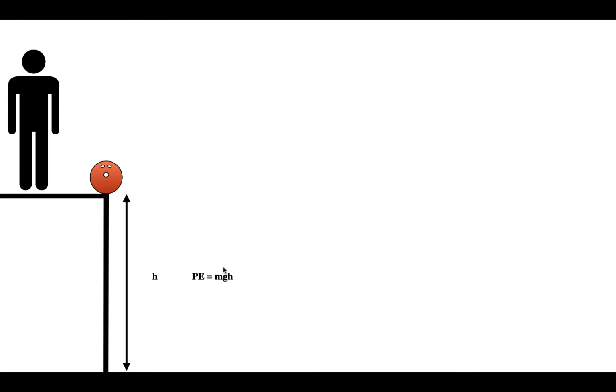In other words, the higher the ball is, the greater the amount of potential energy it has. This potential energy can be released if the ball were to drop off the platform. So the ball has potential energy, or stored energy, that will be released if it falls. When it falls, the energy is released.